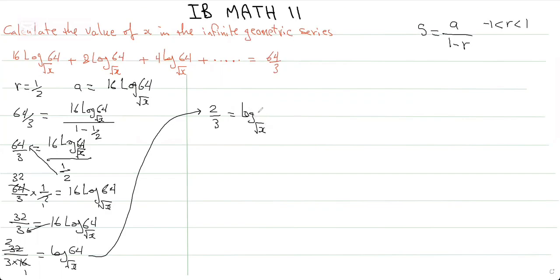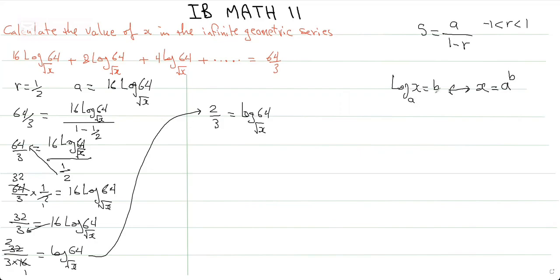And now I'm just going to show you how to change from logarithmic form, log base a of x equals b. You could change that to exponential form by going x equals a to the power of b. So this is the base.